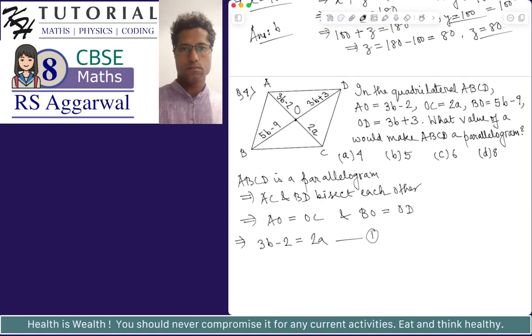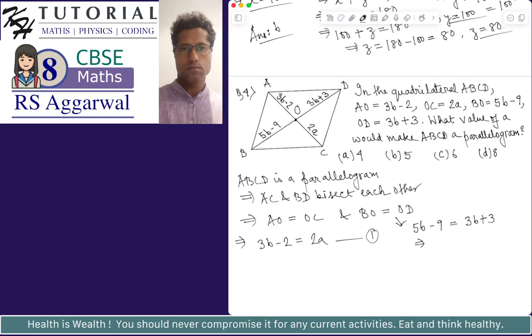And from BO is equal to OD, BO is given to be 5B minus 9, and OD is given to be 3B plus 3. So 5B minus 9 is equal to 3B plus 3.